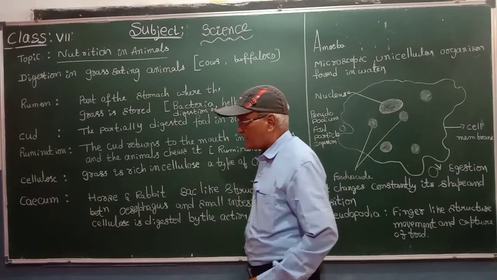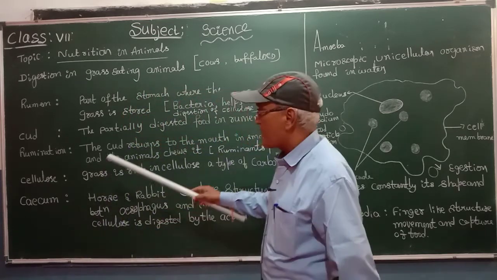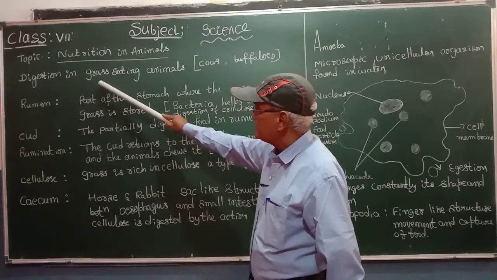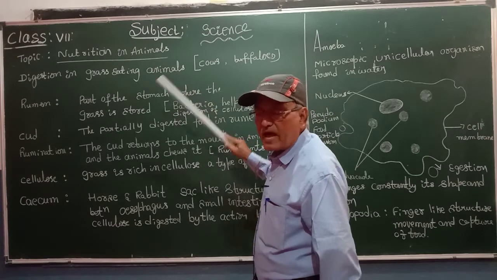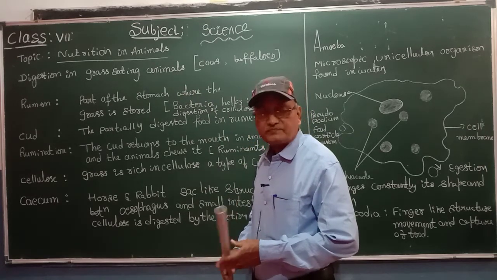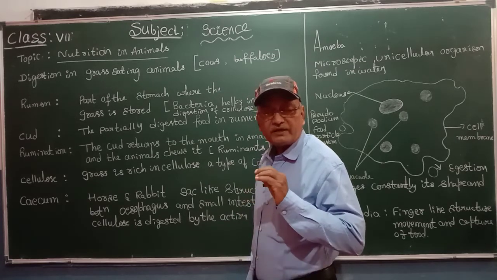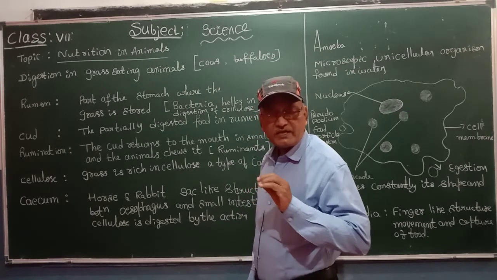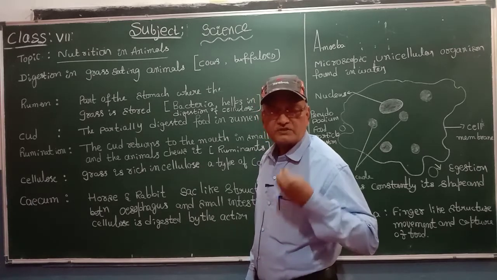Now children, I think you have followed my point today, what I have explained. Digestion in grass eating animals. Grass eating animals, when they get food continuously, they eat, afterwards they chew, and afterwards the process of digestion takes place.